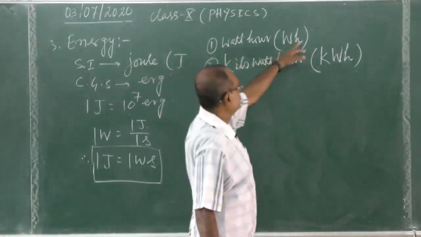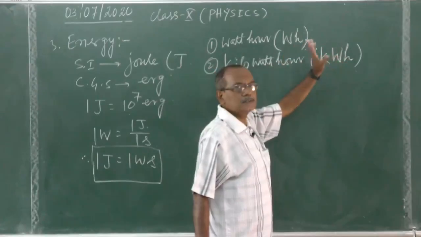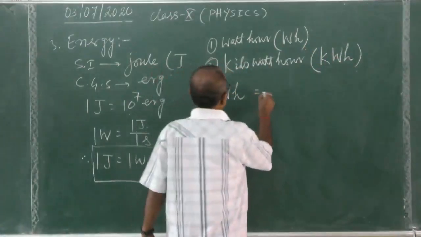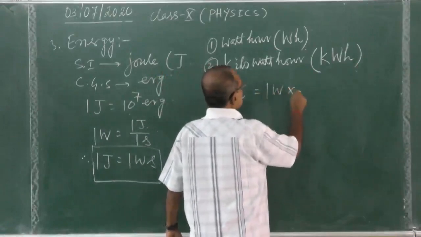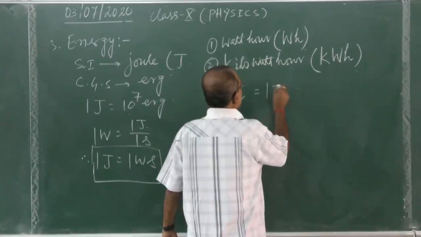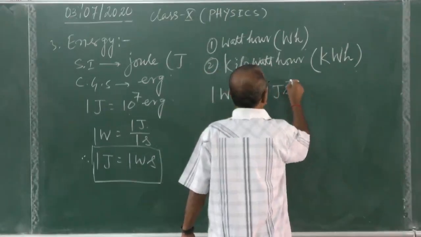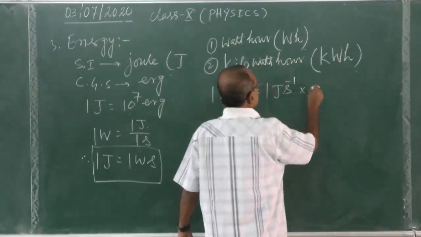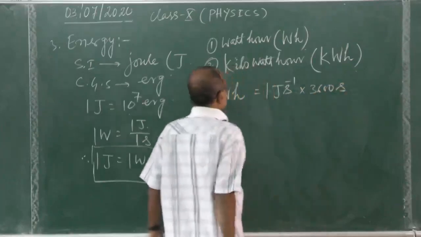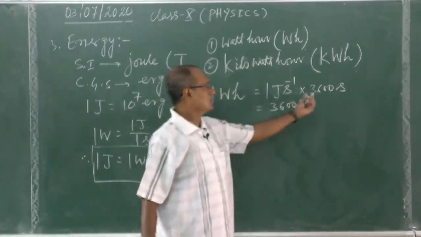Here both are bigger units, kilowatt as well as hour. So 1 watt hour is equal to 1 watt, that is joule per second, into 3600 seconds. So that is equal to 3600 joule. 60 into 60.